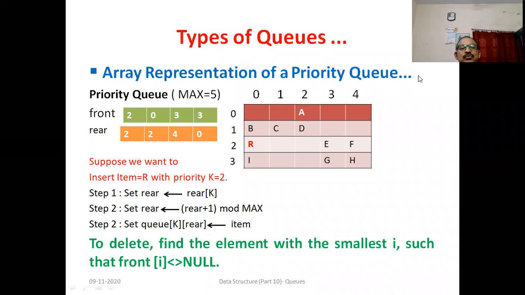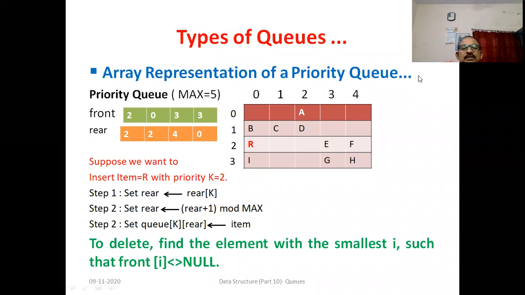So rear is 4. Next step, we set rear equal to (rear plus 1) mod max. So 4 plus 1 mod max, where max is 5. So 5 mod 5 is equal to 0, which means the value of rear is 0.